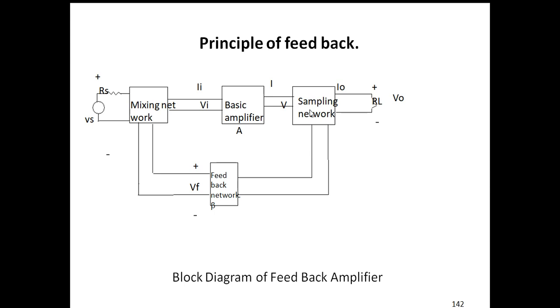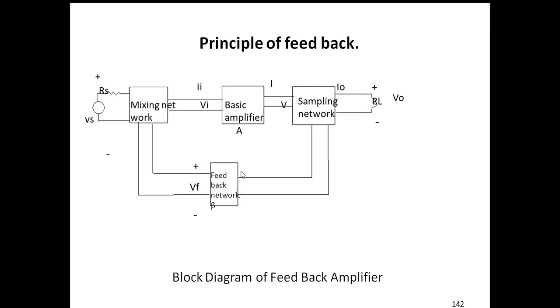So this sampling network, what is sampling? This signal will be divided into many samples, depending on the type of network used. For example, one signal may be divided into 10 signals. From the 10 signals, a fraction of the signal is fed back to the feedback network.